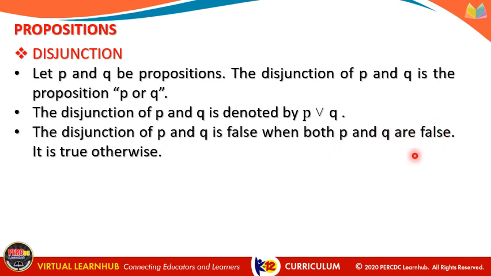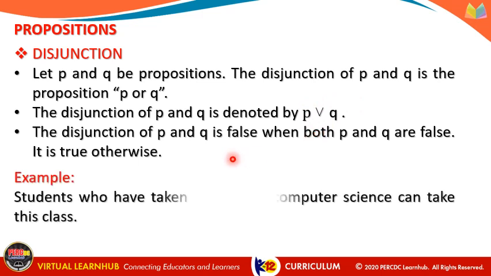It is true otherwise. It means that if you want P or Q to become false, then both P and Q must be false. If one of the two or both is true, then your entire disjunction is also true.